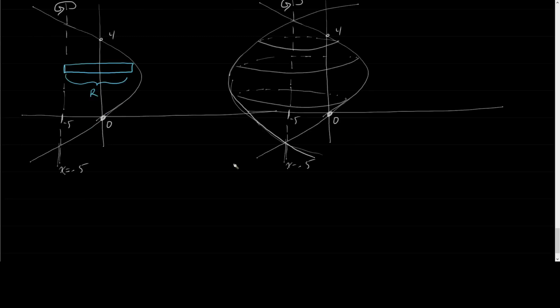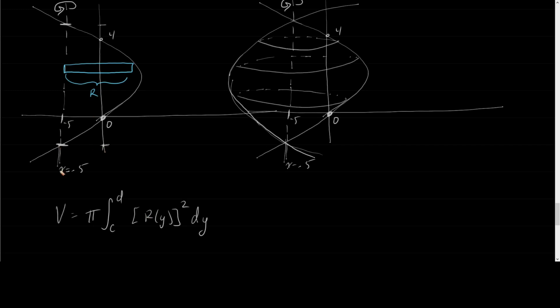All right. So now let's see, what are we gonna do here? Our formula when we rotate about a vertical axis is pi integral from c to d of r of y squared dy. Now, to do this, well, what do we need? We need c and d, and we need our radius function. Let's see what those would be. C and d, well, that's supposed to be this height up here, and this height up here.